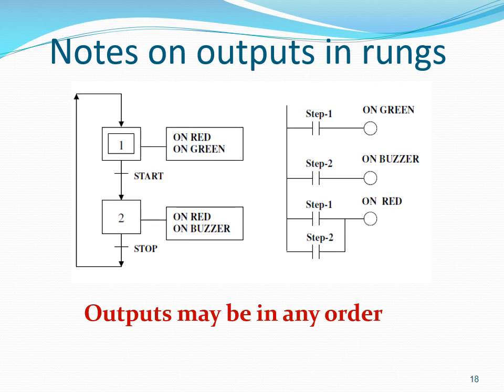It will also work if we begin with the rung of any of the other outputs. For example, we can begin with the rung for the buzzer, then go to the red light and green light, or begin with the red light, go to the green light and then buzzer, or any other sequence of these connections.